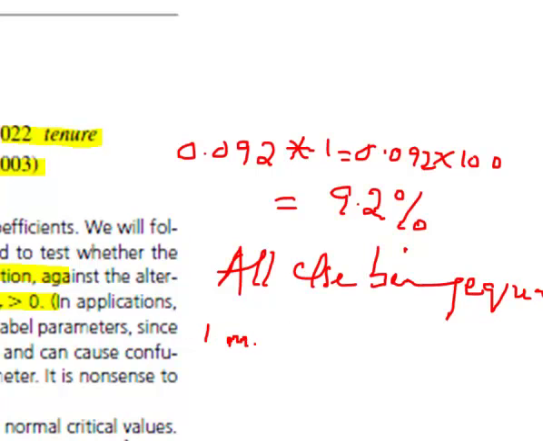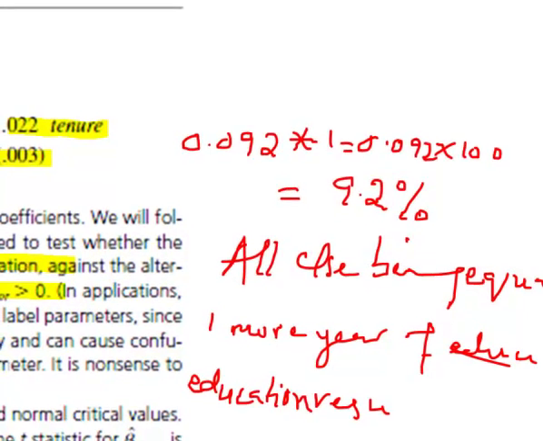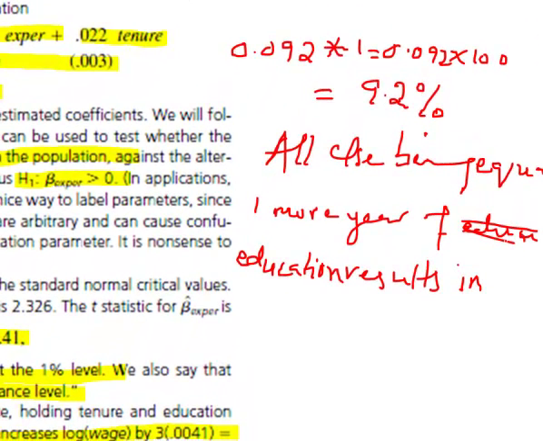1 more year of education, let me write it here, 1 more year of education results in 9.2% more wage.